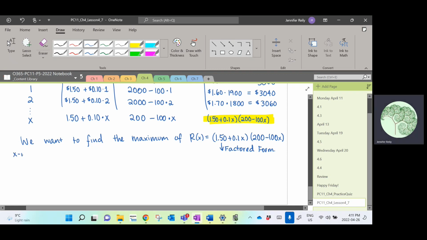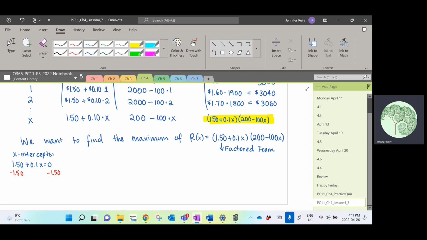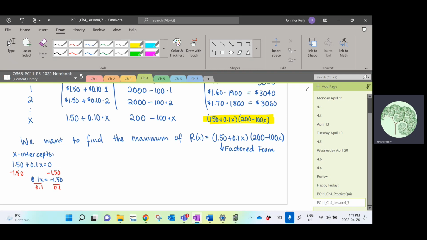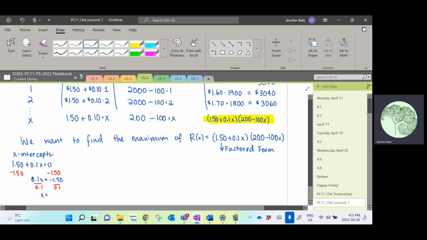So x-intercepts, one is going to be where 1.5 plus 0.1x equals 0. Solving that one first. Let's move the 150 to the other side. I get 0.1x equals negative 150. Divide by 0.1. Get x equals negative 15.